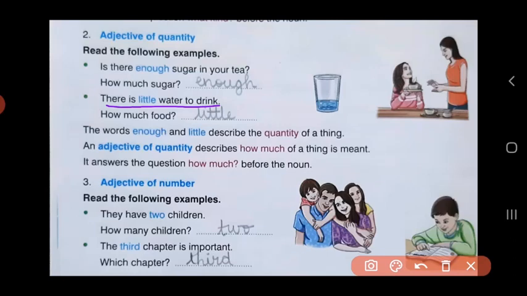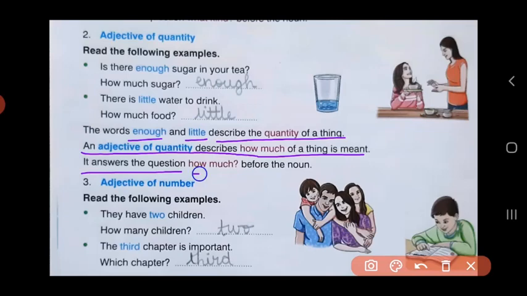Here they are talking about the noun water. How much? The answer you'll get is little water. So here in both these examples, the words enough and little are describing the quantity of a thing. An adjective of quantity describes how much of a thing is meant. It answers the question, how much, before the noun.